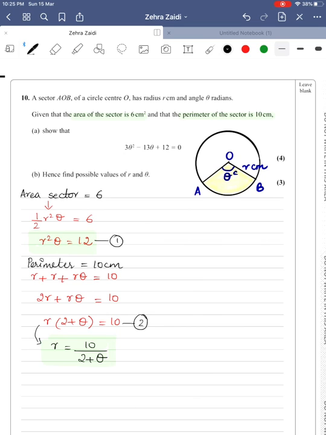So let's do that. We have equation 1, r squared theta is equal to 12. r can be replaced by 10 divided by 2 plus theta, the whole squared, times theta is equal to 12.